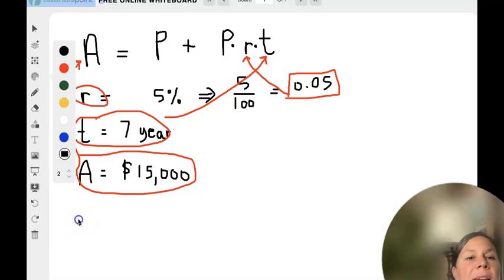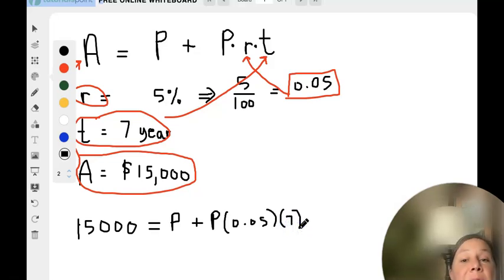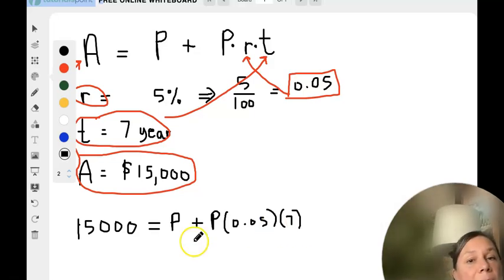My A is 15,000, and that is equal to my P plus P times 0.05 times my time, which is 7. Now, each one of you is going to have a different variable to solve for. In my situation, I'm going to be solving for P.